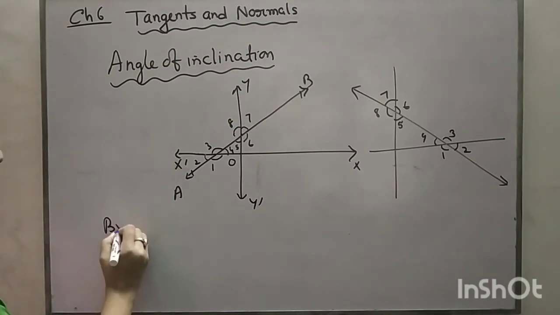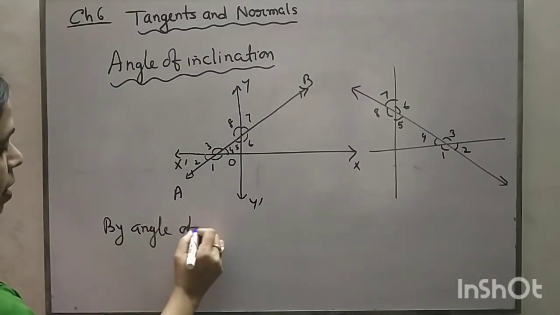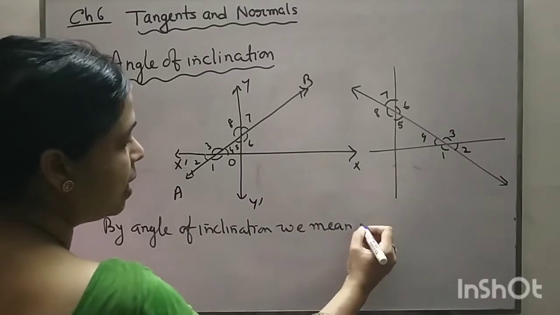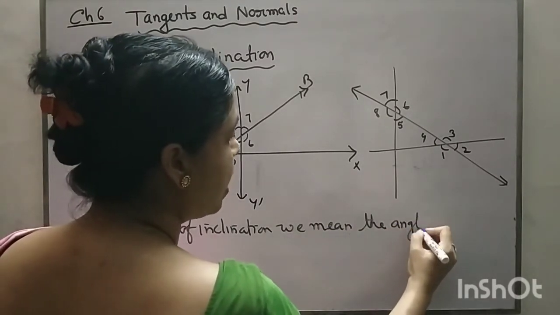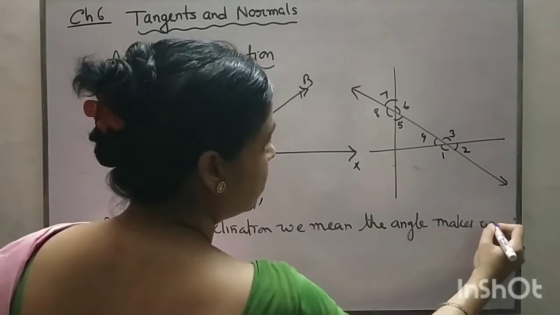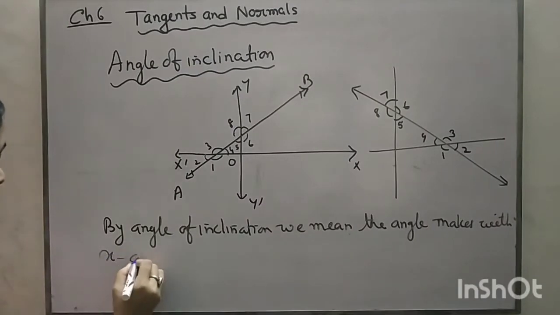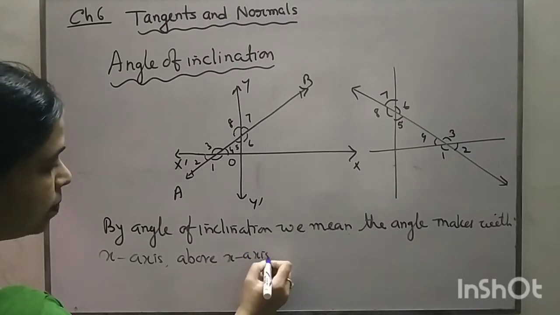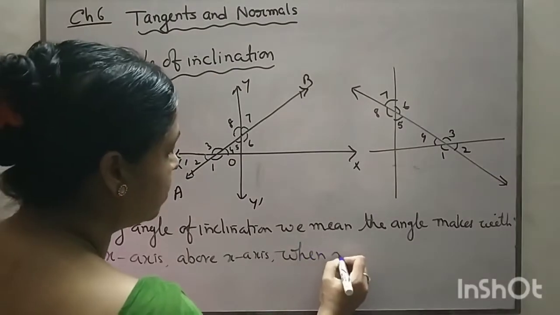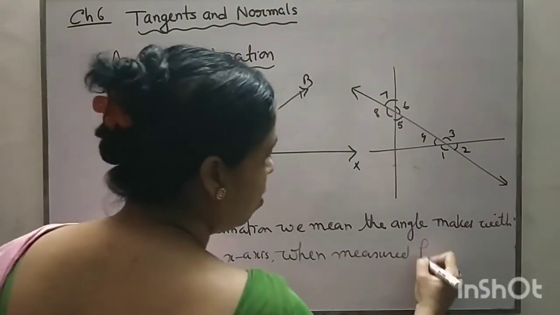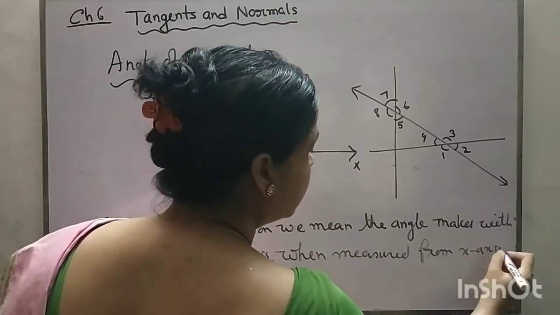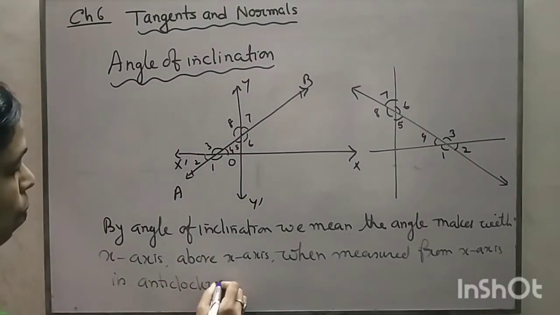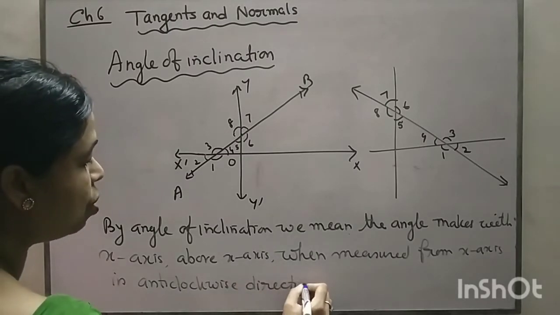By angle of inclination we mean the angle the line makes with x-axis, secondly above x-axis, and thirdly when measured from x-axis in anti-clockwise direction. So this is the definition of angle of inclination.